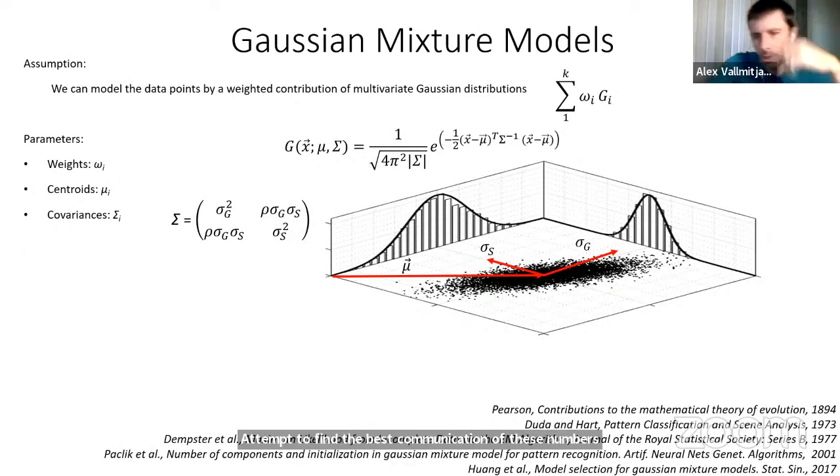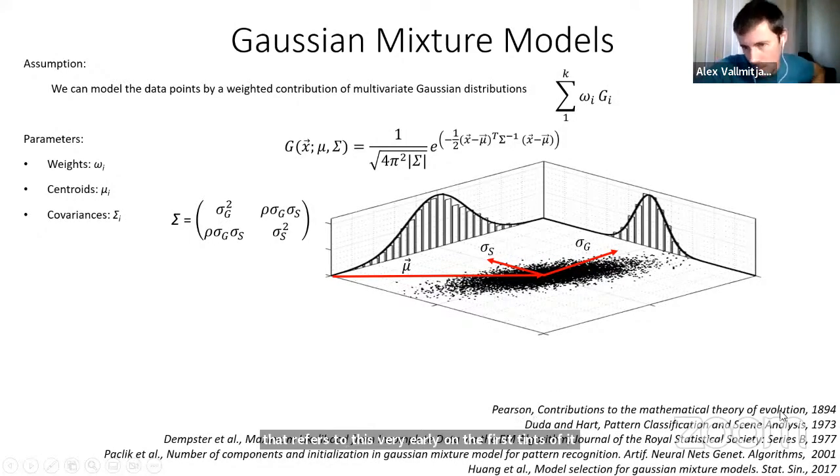There's a bunch of literature that refers to this. Very early on, the first hints at it is by Pearson over 100 years ago, applied to theory of evolution. And then it kind of became famous in the 70s, at the start of the machine learning revolution. But it's still an open problem, especially in regards to finding the correct number of clusters, so this value k.